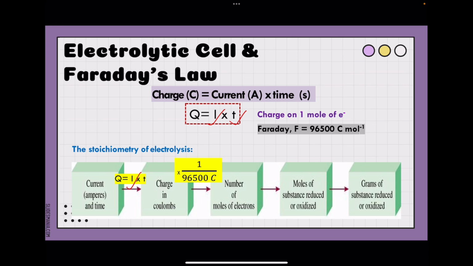We also know that 1 mole of electrons carries a charge of 96,500 coulombs, known as 1 Faraday. This allows us to link the electrical current directly to the amount of substance deposited or liberated during electrolysis.